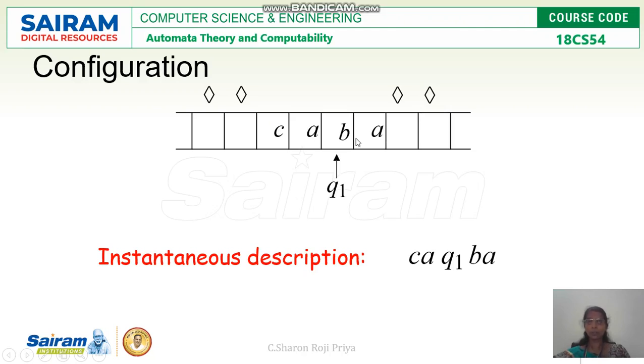One more example we can see of how to write the instantaneous description. What is instantaneous description? It is the current state of your Turing machine: currently, what is the state, and which cell is the read write head pointing to.